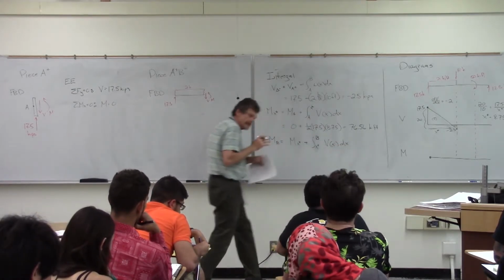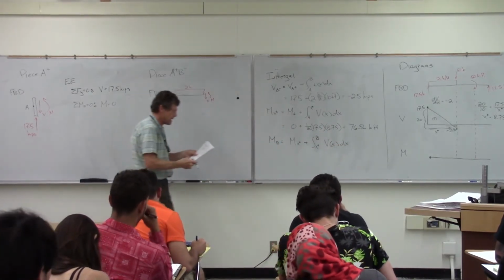what my expression looks like now is I'm going to go from the x star to the b, but that's going to be a negative value now.